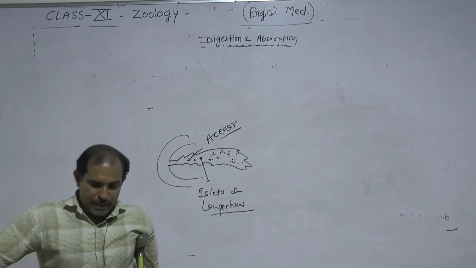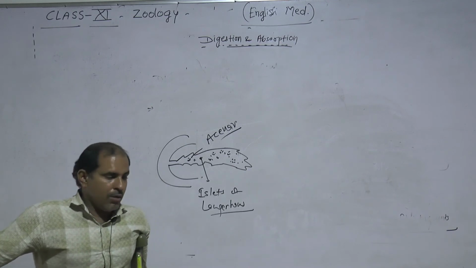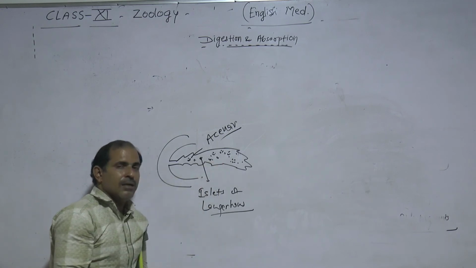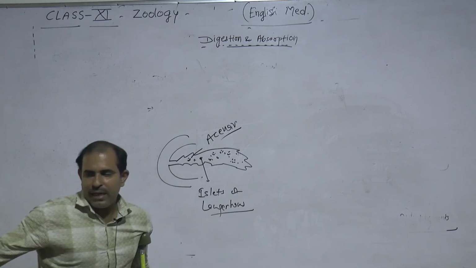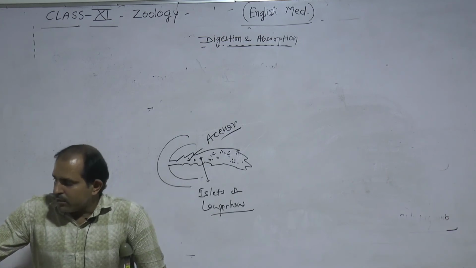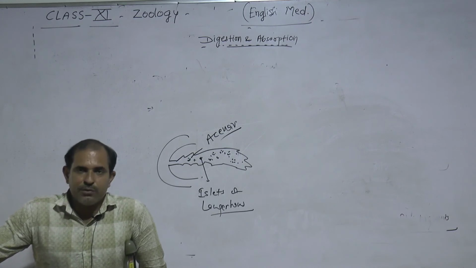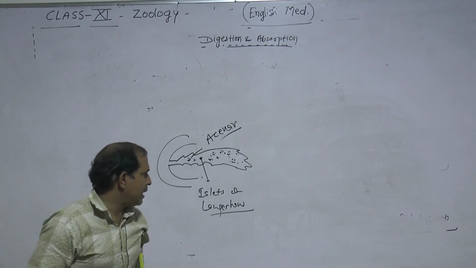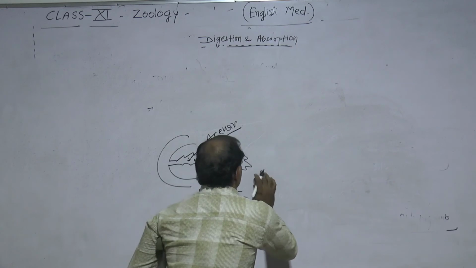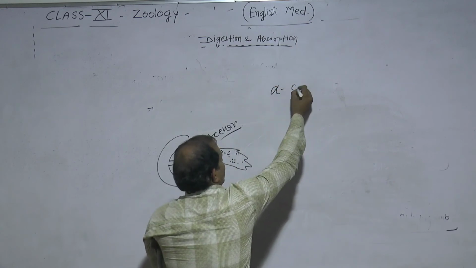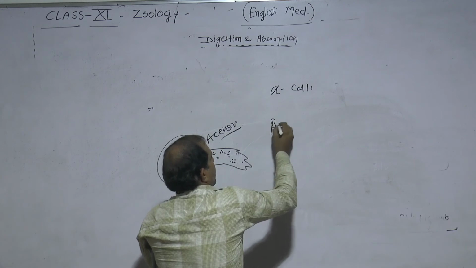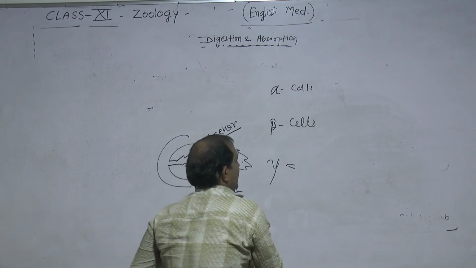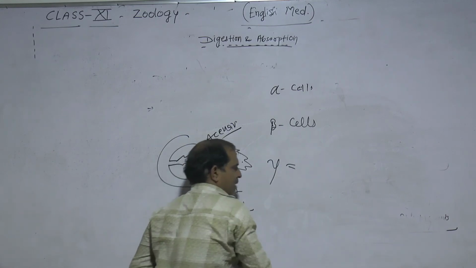Different types of hormones are secreted by these islets of Langerhans, which have 3 types of cells: alpha cells, beta cells, and gamma cells.